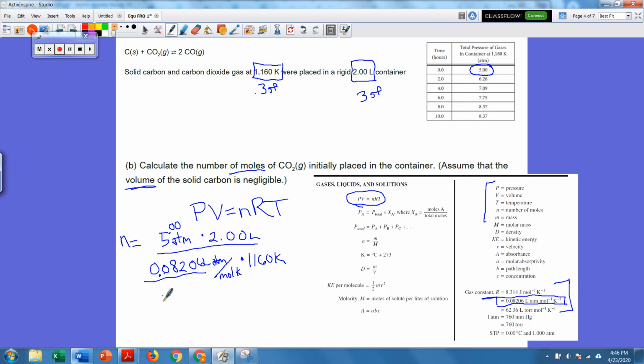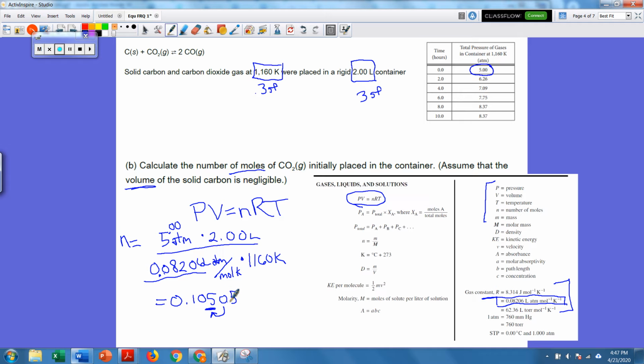So we've got 5 times 2 divided by this number times 1160. What we end up with is 0.10505, and it keeps going on your calculator. But again, we are rounding to significant digits. We're rounding to the 3rd significant digit, and so we look at the one afterwards and see if it is bigger or smaller than 5.